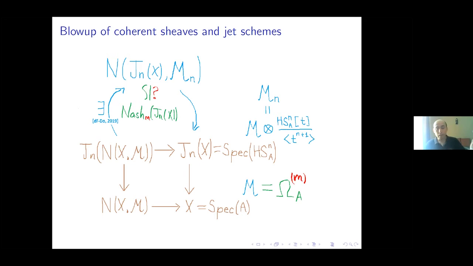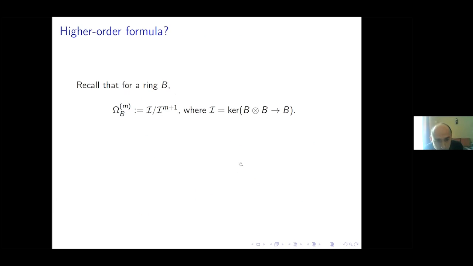So let me recall this definition: Omega m denotes this quotient, I over I to the m plus 1, where I is the kernel of the multiplication map. So for instance, if m equals 1, this is just the usual classical Kähler differentials, okay?